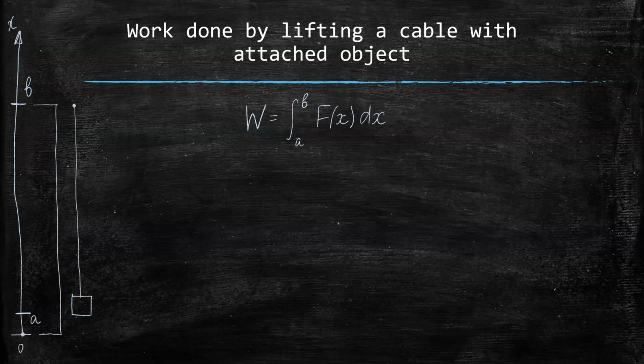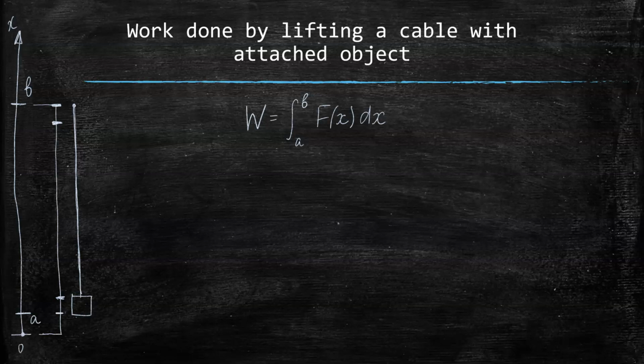So as you're pulling this cable up, it gets shorter and shorter, so as you would imagine, it gets lighter and lighter. So it makes it easier and easier to lift it. So the work that you do in the last bit of the lifting process is not quite the same as the work that you do for the first meter of this process.